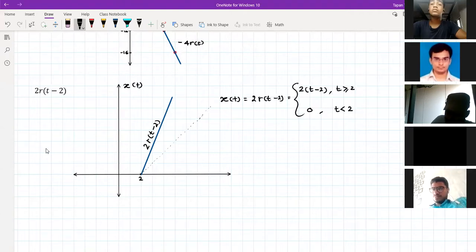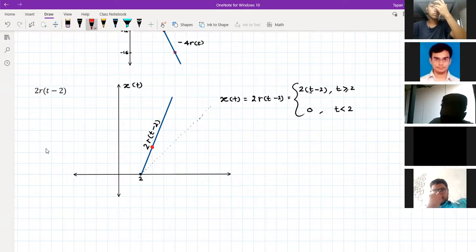What you can do, you can put the values 2, 3, 4, 5 like that, right? So if you put t equal to 2, you will get 0. If you put t equal to 3, you will get 2. So somewhere here you get 2.